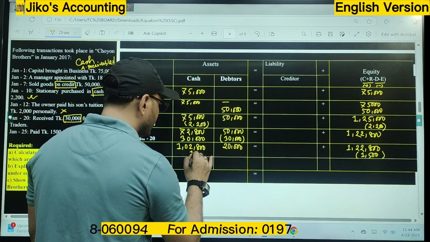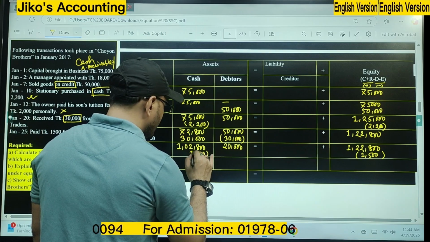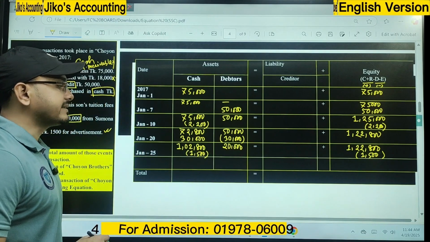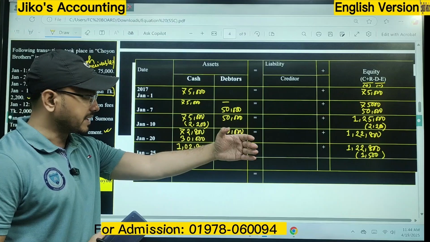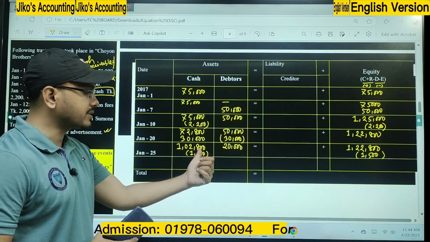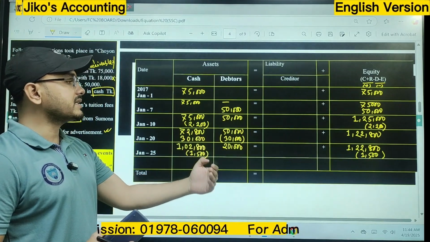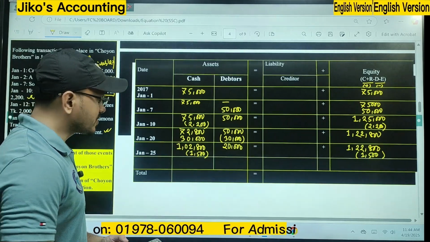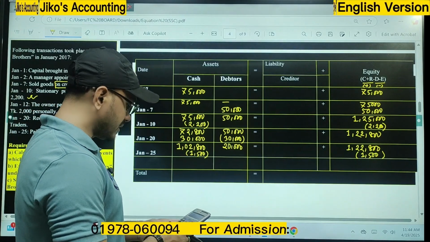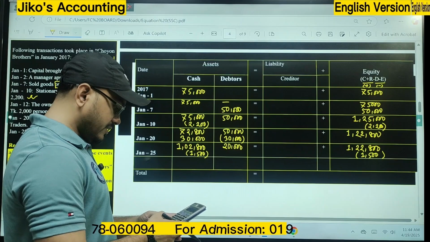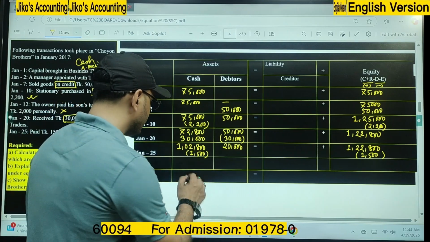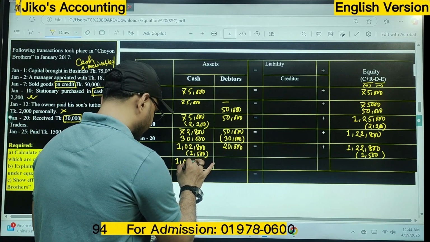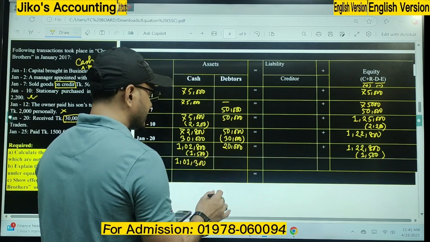My cash also decreases. How? Because of this payment. Previously, my cash was 1,02,800. Because of this payment, my cash also reduces. So I have to deduct this amount, 1,02,800 minus 1,500. What is my amount here? 1,01,300.